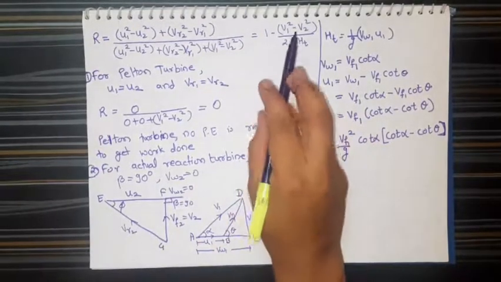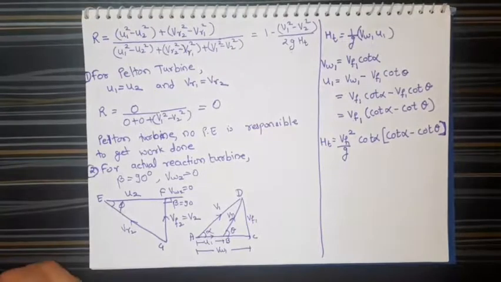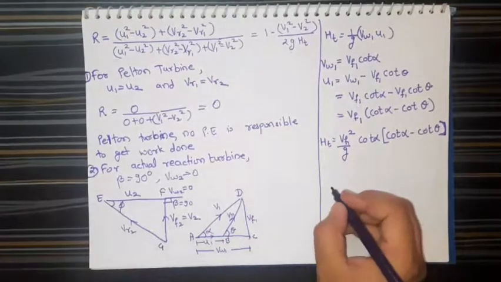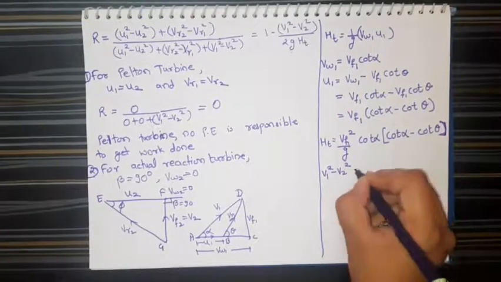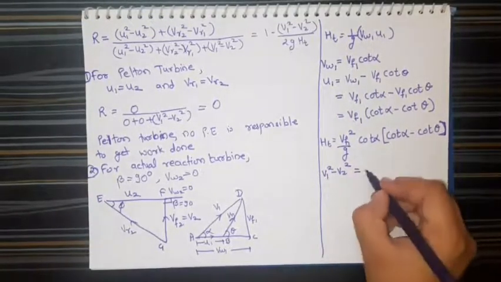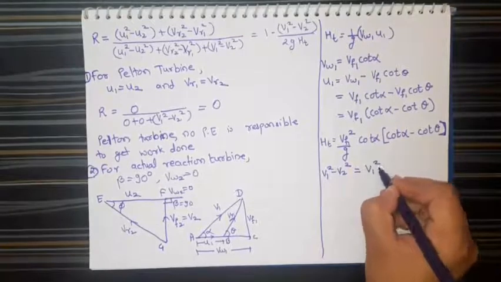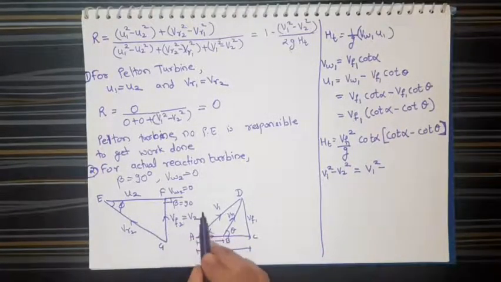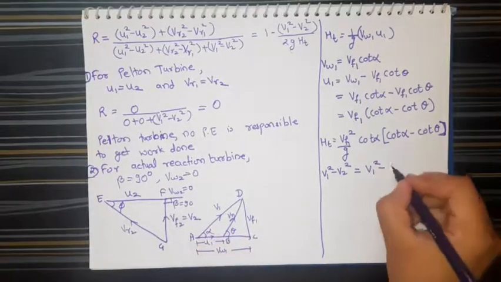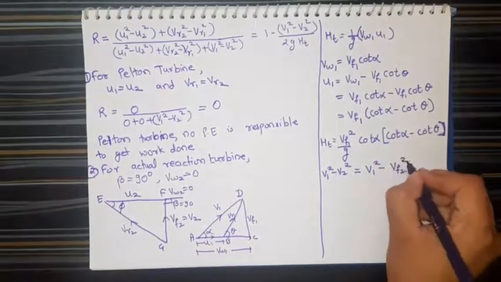Now let's find out V1 and V2. V1 square minus V2 square will be equal to V1 square minus, we know very well that from here you can see V2 is equal to VF2, so we can write VF2 square.